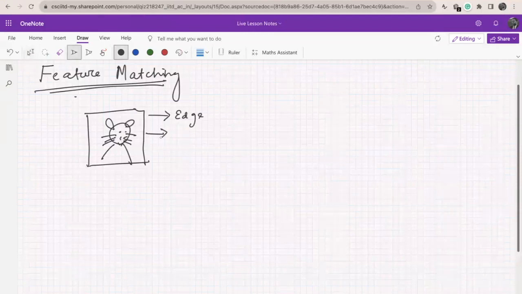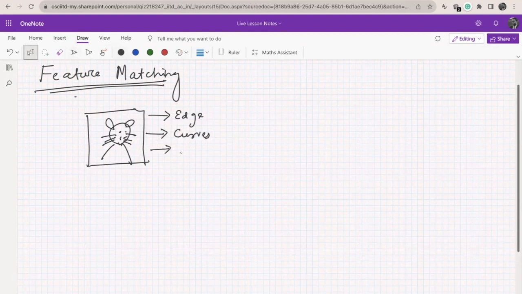After the edges, we try to extract features such as curves, and edges can be two things, vertical and horizontal. Then edges, curves, then sharpness, and many more things like so.